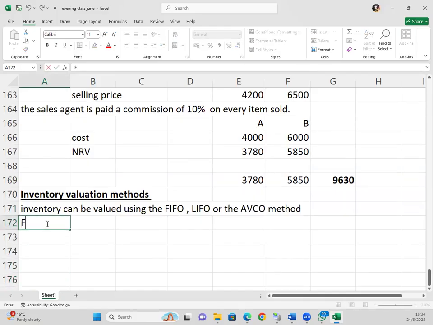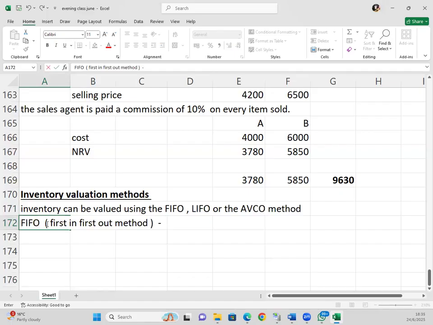The FIFO method is the first in, first out method.